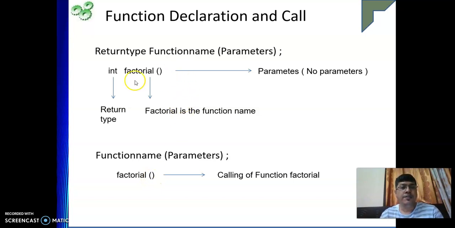So this is the syntax: we have a function name, we have the list of parameters, and before the function name itself we have to write the return type, whether it is int, float, character, pointer, whatever it is. And for the function call, simply the name of the function, and the parameter value that we need to pass, if any.